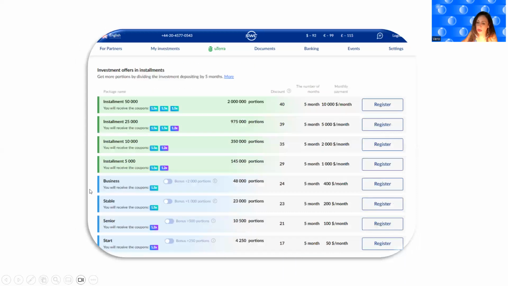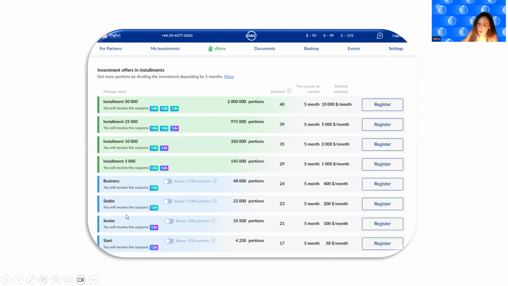And we have more options in installments, beginning with $250 in 5 installments of $50, and with these simple options you can acquire 4,250 portions. If you choose the package in 5 installments of $100, you can get 10,500 portions.